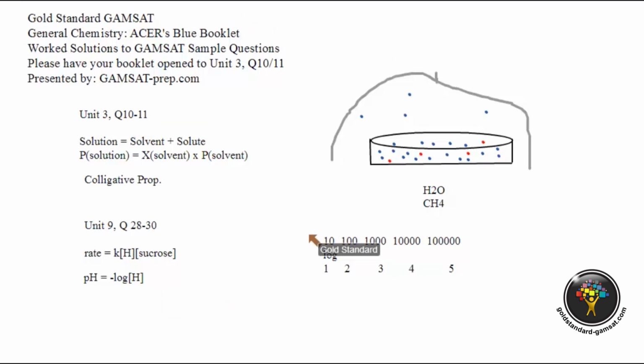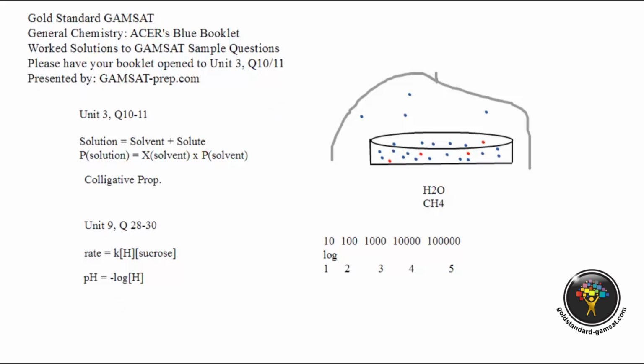Okay, so question 29. Now question 29 shows a table, and the table has 3 experiments and shows the different concentrations of R and S. What we would do normally is write what the general equation is for the reaction.